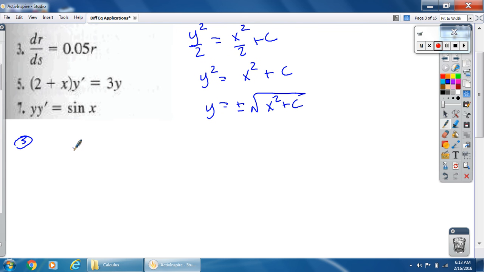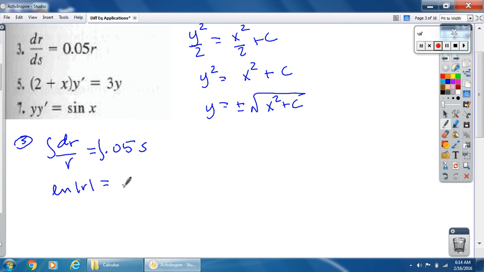When I separate, I'm going to keep the 0.05 on the right hand side. I think it'll make it easier. So I'm going to divide both sides by r and get dr over r equal to 0.05 ds. I'm going to find the antiderivative on both sides. On the left hand side, I'm going to get ln absolute value of r.